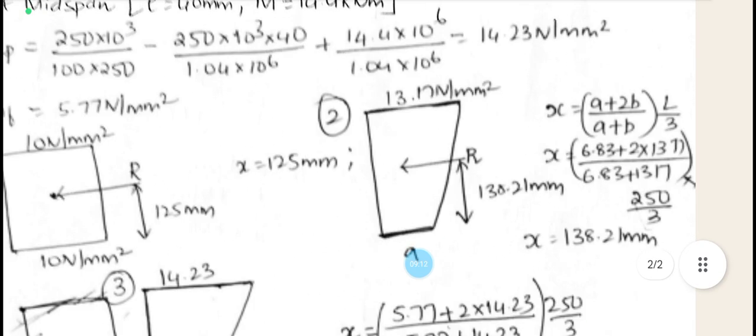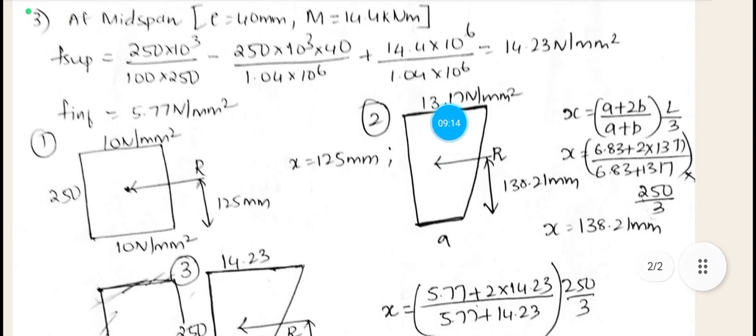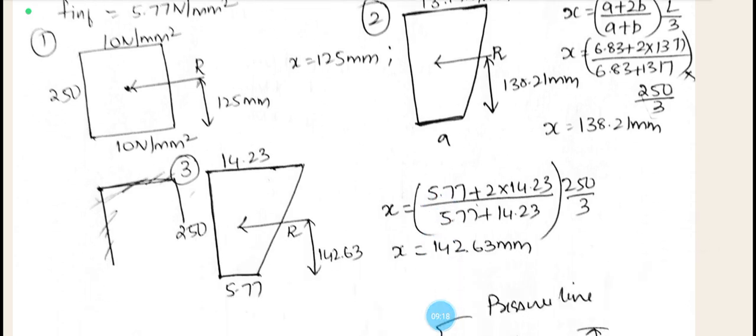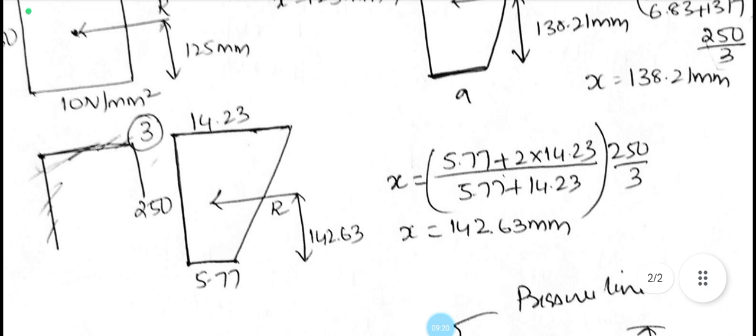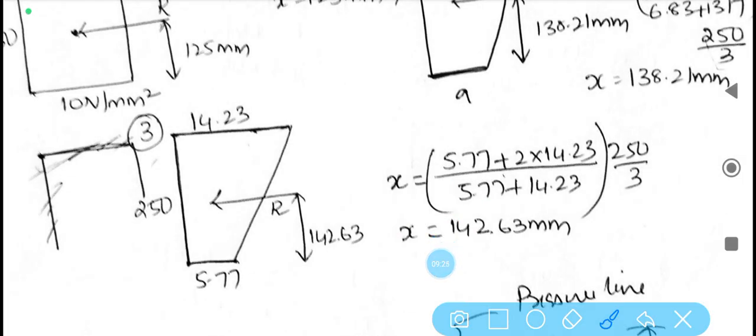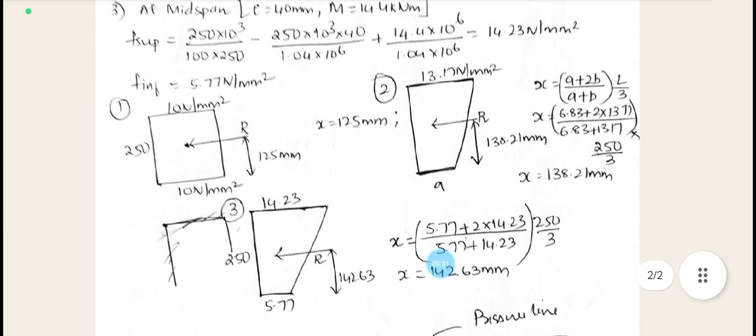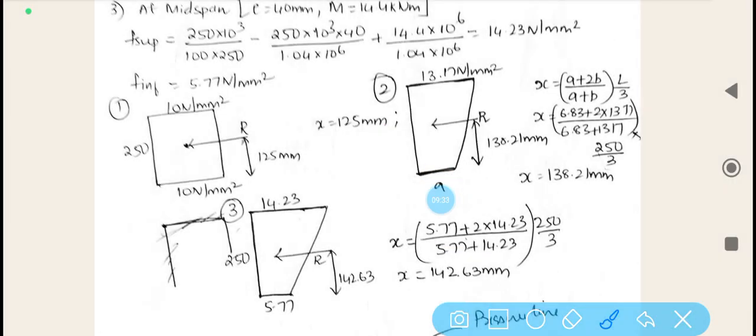And lastly, we have to calculate even for the mid span condition. For the mid span condition, again for the stress plot, let us draw one vertical line. See here, f superior is positive, so therefore I am plotting to the right.